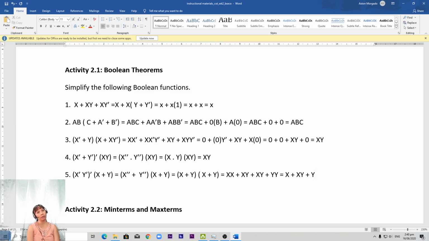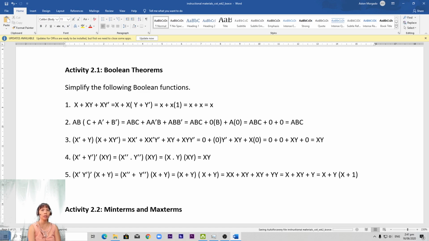So we have xy plus y. What are we going to do? Let's try to factor out the y, so y times x plus 1.